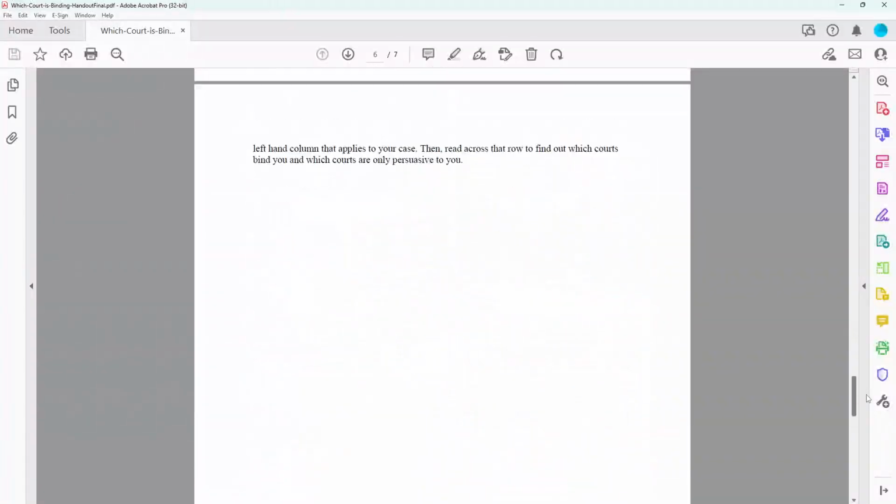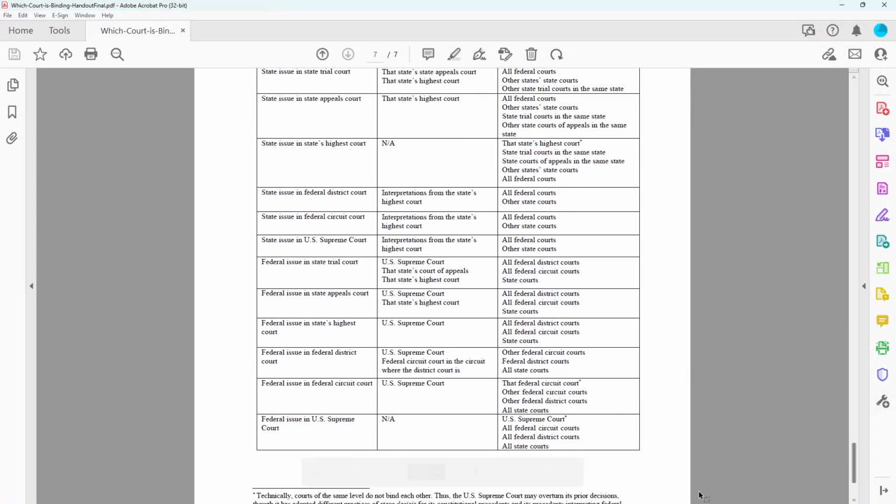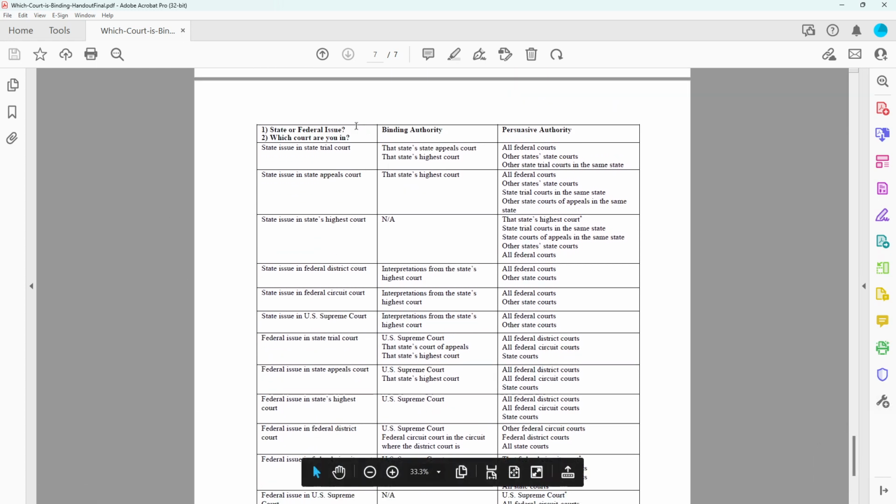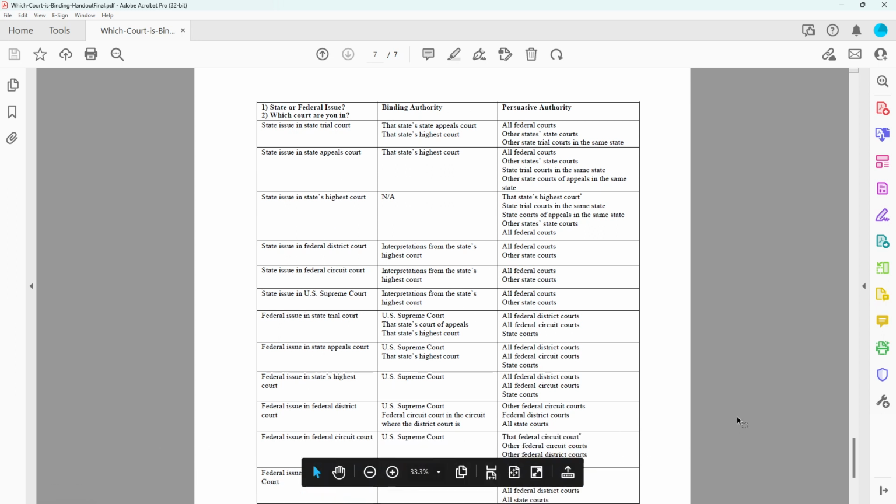Let's go down to the bottom. All right, so federal issue and federal district. Let's look at the headings. So, state or federal issue, which court are you in? Binding authority and the persuasive authority. All right, so we're a federal issue in federal circuit court. Yep, that's where we're at.